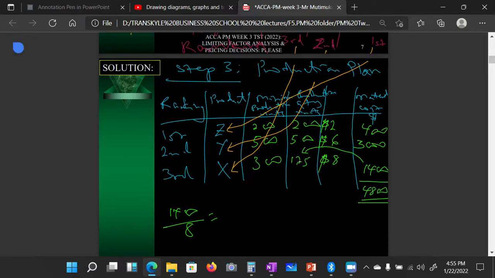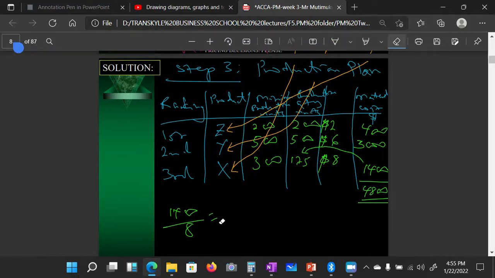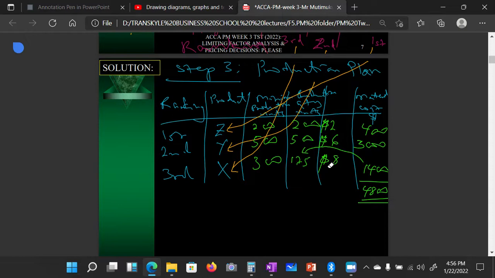These are the units we can produce according to the demand. Otherwise, if we exceed 175, we are just going to produce items which will sit idle in our warehouse. That's overproduction. And you know that storage costs are a bad cost in the business.